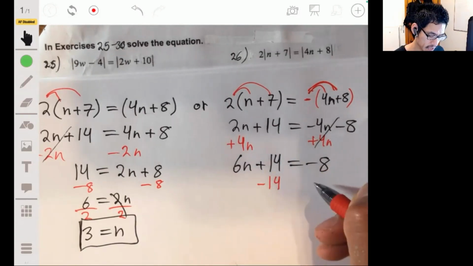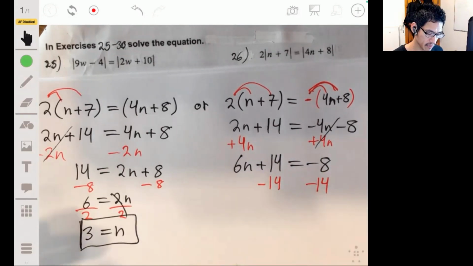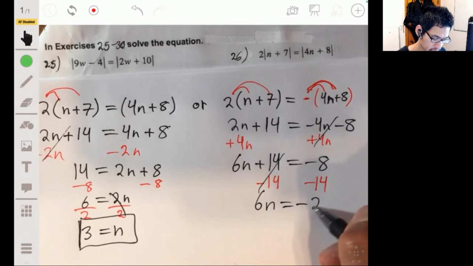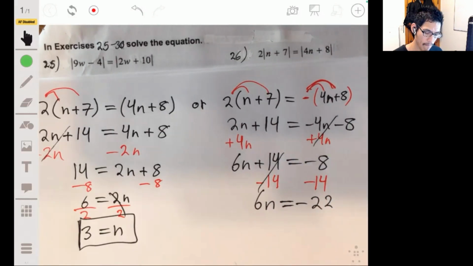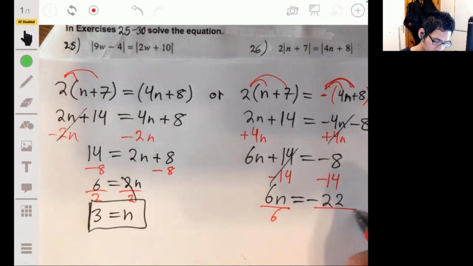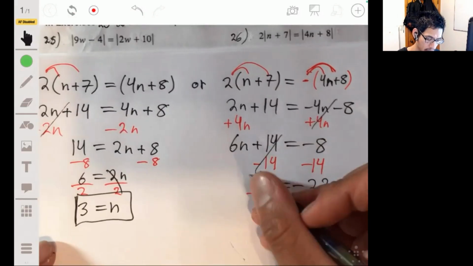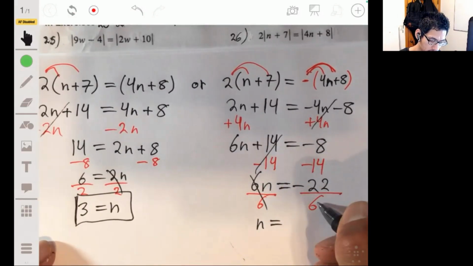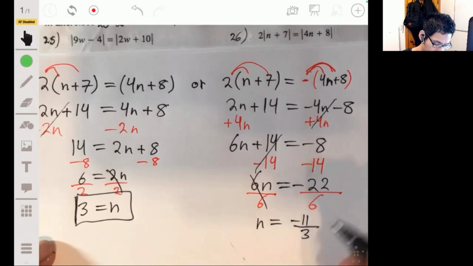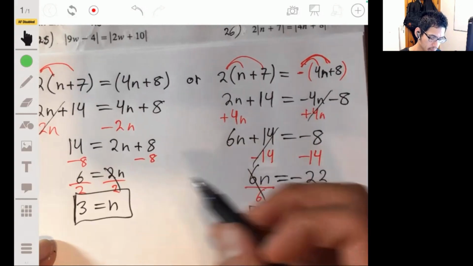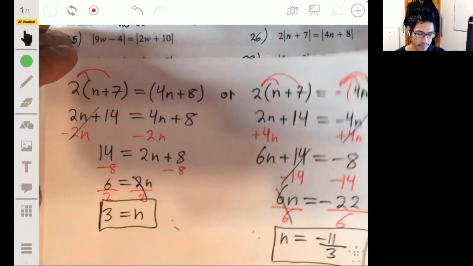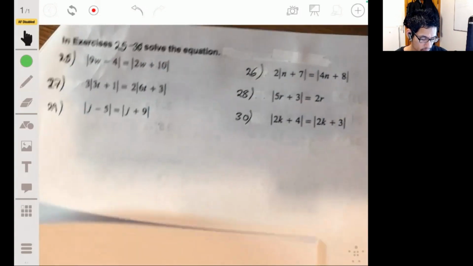Take away 14 from both sides. It's 6n equals -22. Divide both sides by 6. And we get n is negative 22 over 6. You can reduce that to negative 11 over 3. Nice. These are your answers. Couple more.